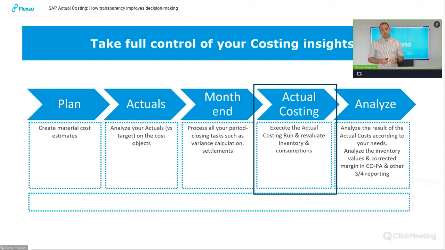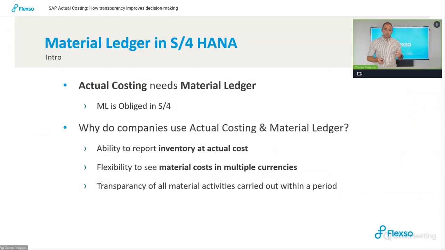The actual cost calculation is then the last step in our process of activities, where we execute the actual costing steps. Now, when doing actual costing, we actually need material ledger.